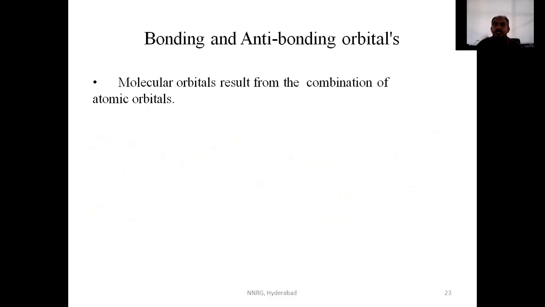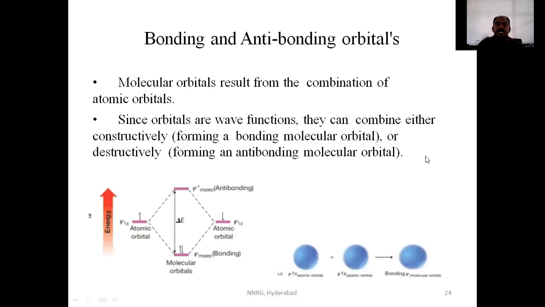There are other possibilities, where combinations of two different p orbitals form a molecular orbital. So molecular orbitals are formed as a result of the combination of atomic orbitals. Since atomic orbitals are wave functions, they can combine constructively to form a bonding molecular orbital, and they can combine destructively to form an anti-bonding molecular orbital.